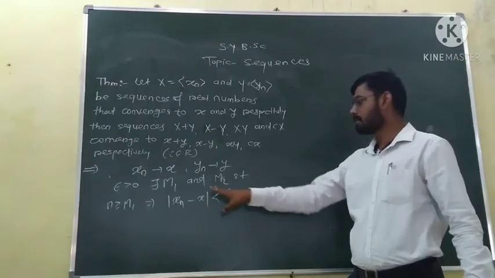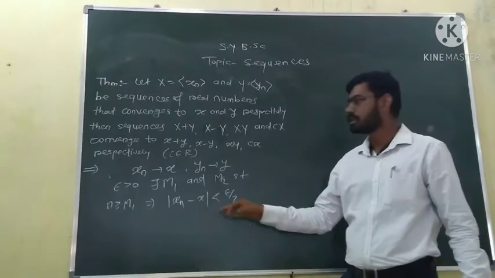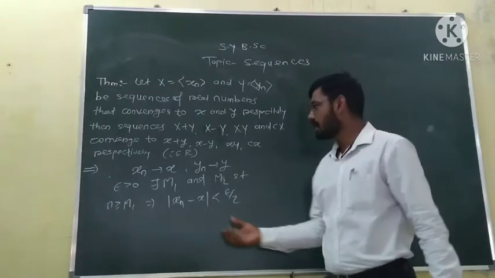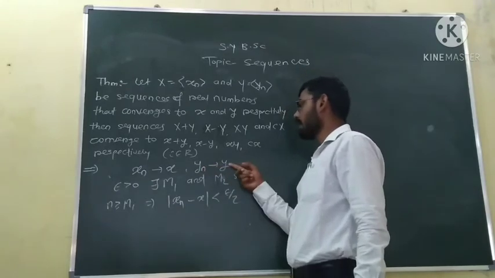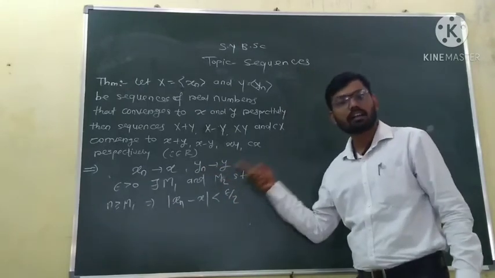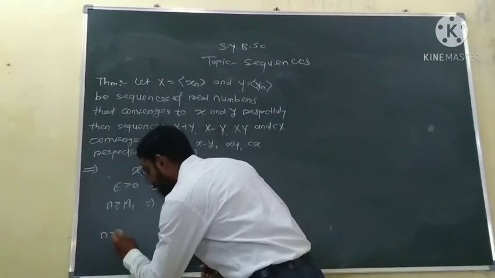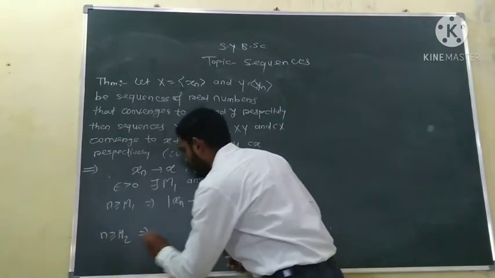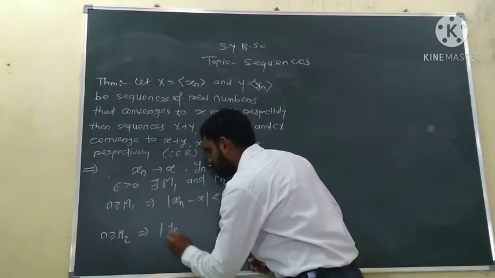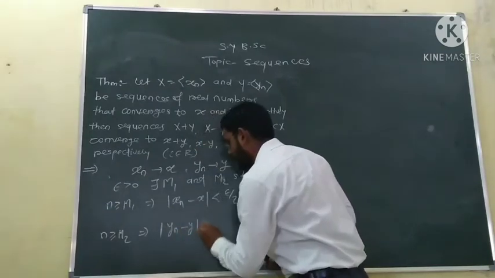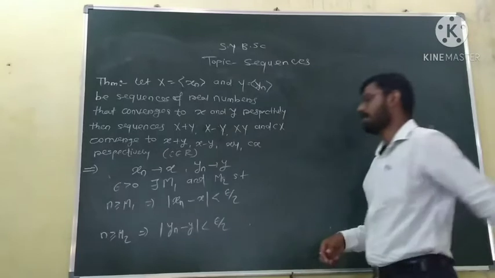For adjustment we have taken epsilon by 2. This is the definition of limit of sequence. Also, since yn converges to y, there is another natural number m2, such that whenever n greater equal m2, we have distance between the sequence yn and its limit less than epsilon by 2.